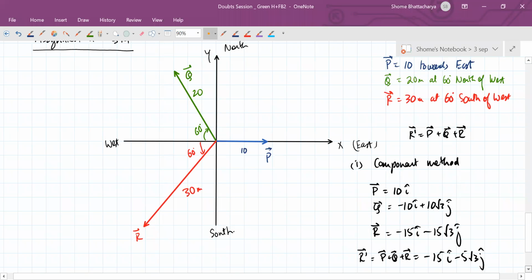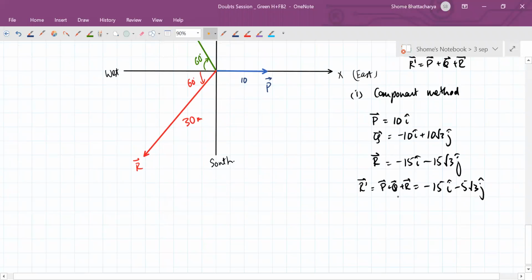Okay, so it's this. Okay, so you can see that the magnitude is 10 root 3.